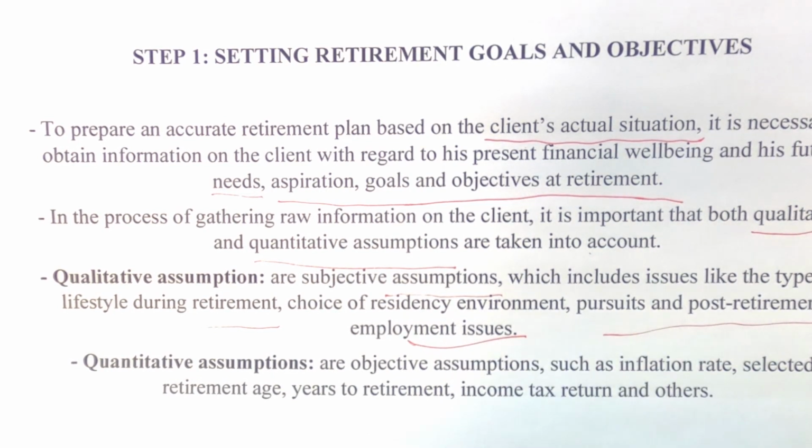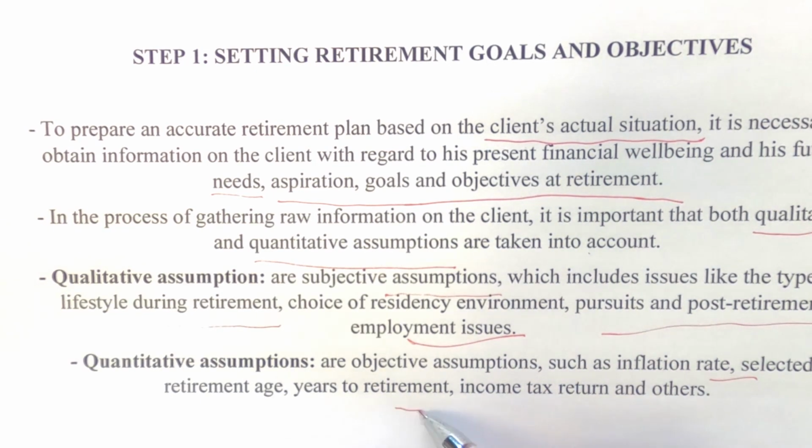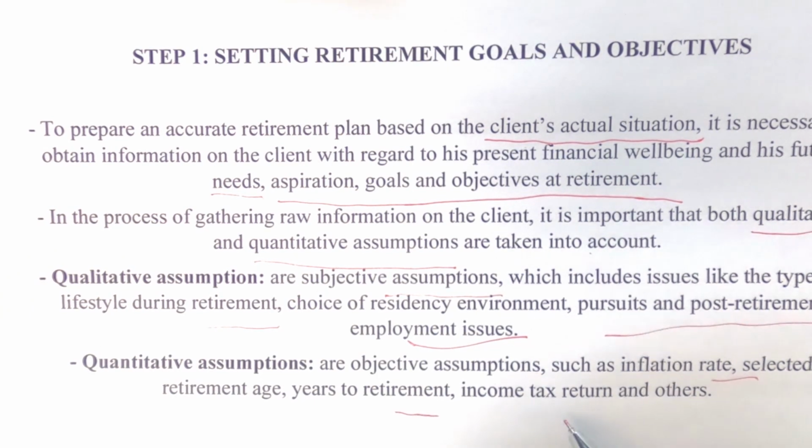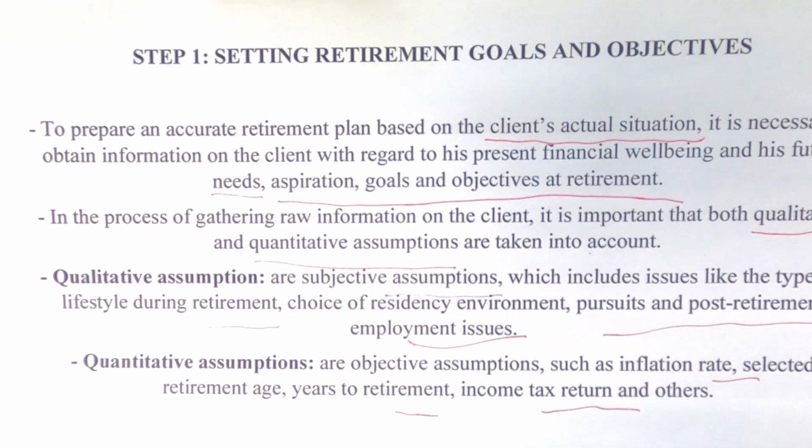And quantitative assumptions include other information such as the inflation rate, the selected retirement age, at what age they plan to retire, the years to retirement, how long they want to stay in the retirement period, income tax return, and some other information that is quantitative in nature.